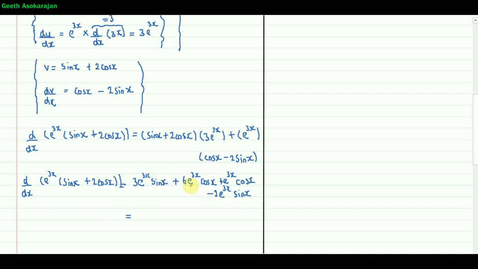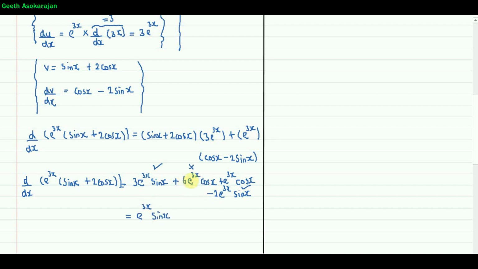Let's go one stage further and simplify this. Let's add the like terms. I have a 3e to the 3x sin x from here, minus a 2e to the 3x sin x from here. So 3 minus 2 is 1 e to the 3x sin x.